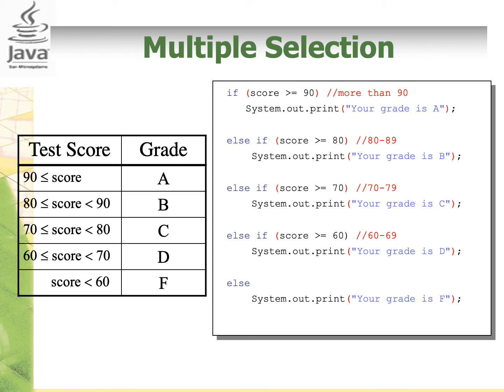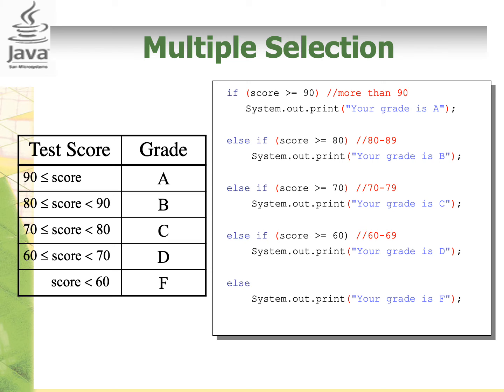If the score is not within 80 to 90, it goes to the else and does another check in the if for the range of 70 to 79. It keeps on checking through else and if until score is larger than or equal to 60, which is the range of 60 to 69.